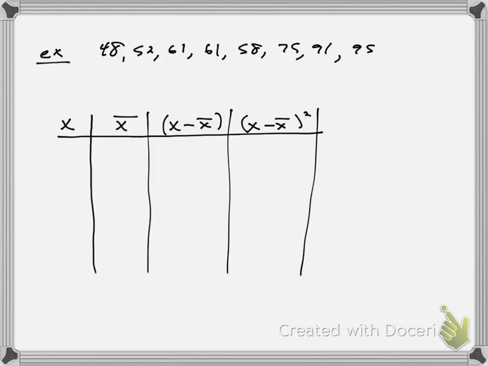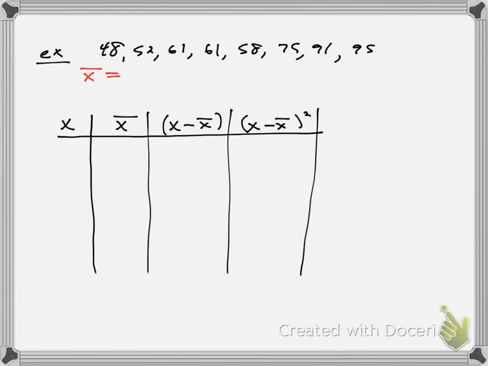Okay, let's do another one where we compute the standard deviation from the mean. I made a little table here that's going to help us, but first we're going to find the mean. So let's do x bar.